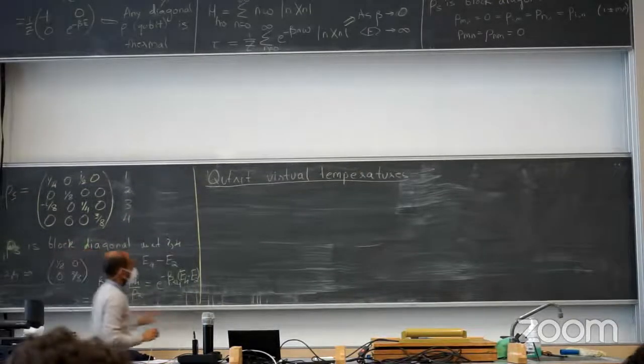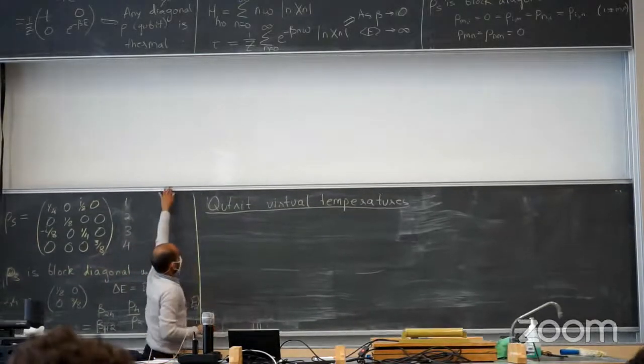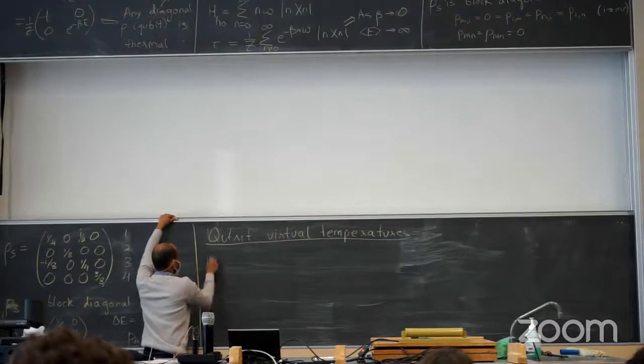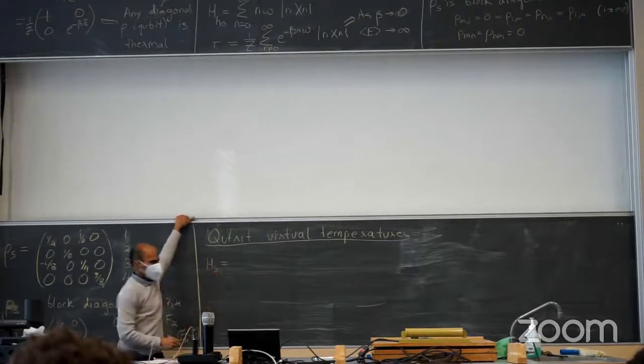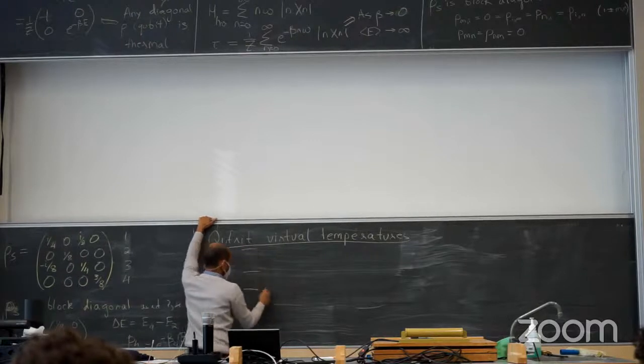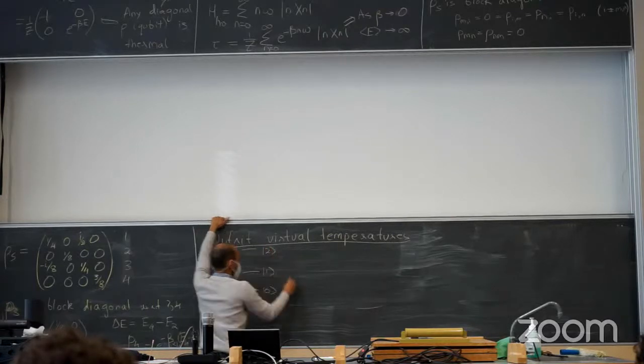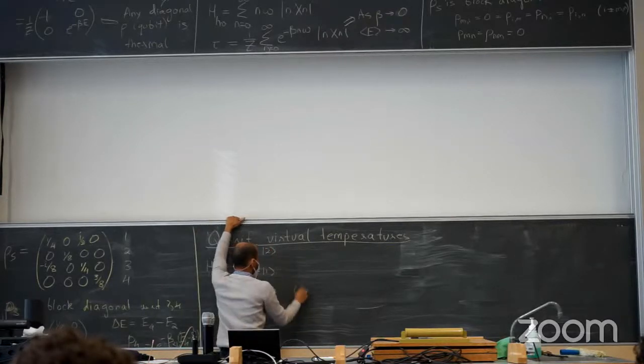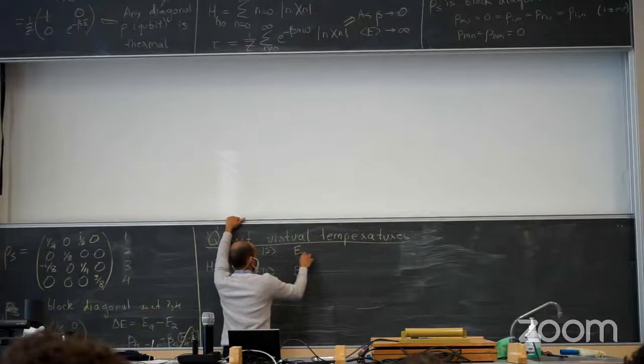All right. So now I'm going to take the Hamiltonian of my system to be a 3-level system. So it is going to be 0, 1, and 2. It's 0, E1, and E2 being the energies.